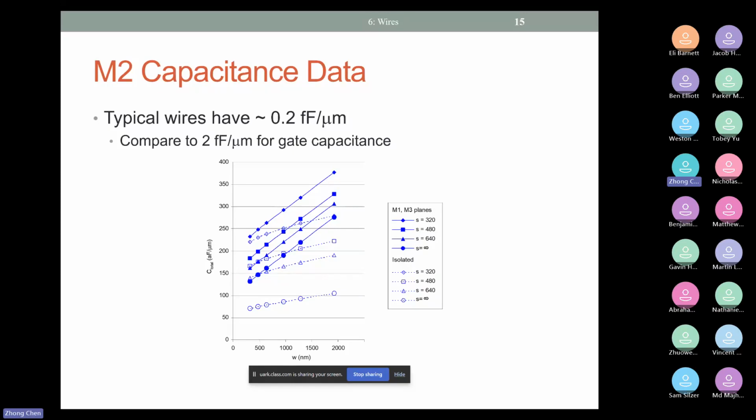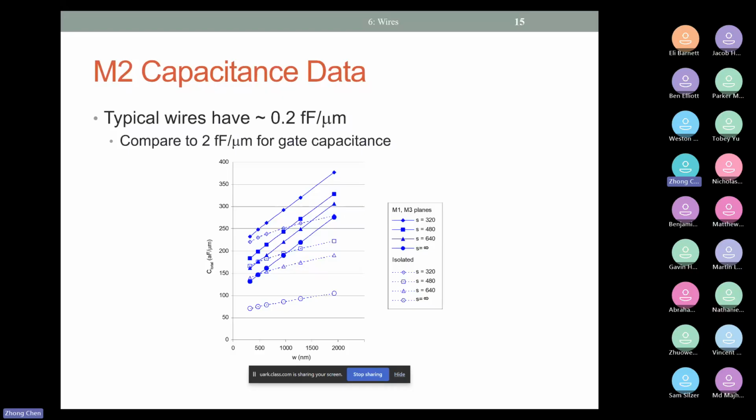This is of course related to the gate oxide thickness and also the dielectric constant. So the gate capacitance is in the range of 2 femtofarad per micron, but a wire also has a capacitance value in the range of 0.2 femtofarad per micron.